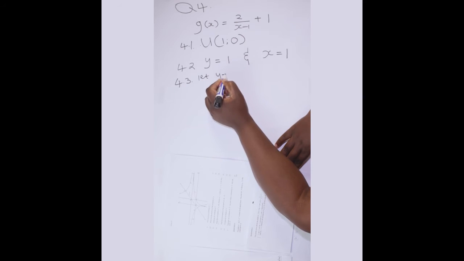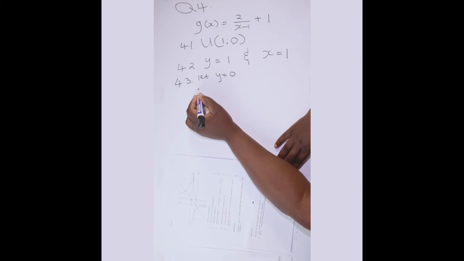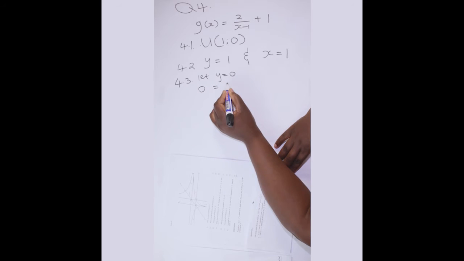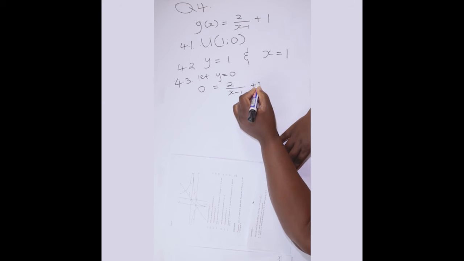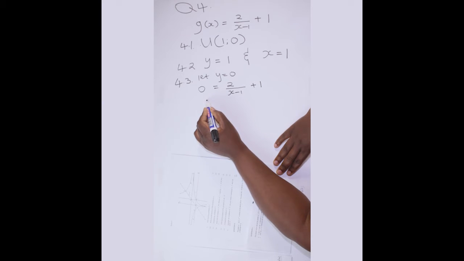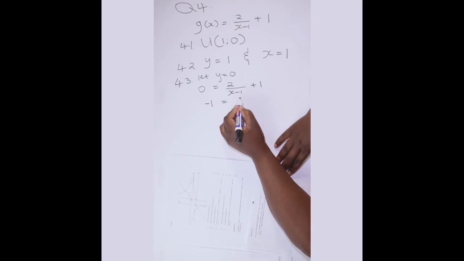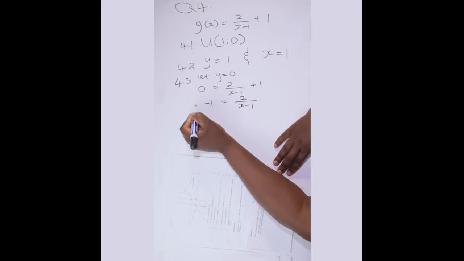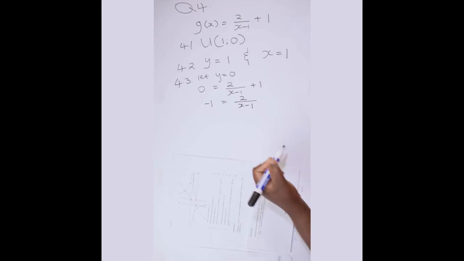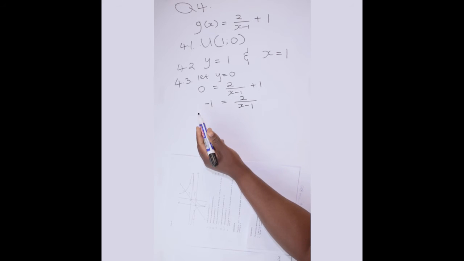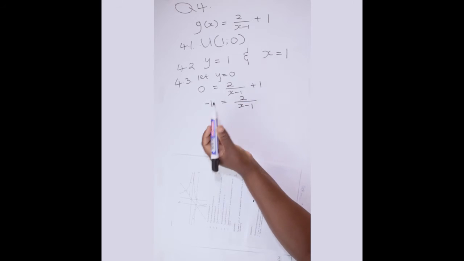So if you let your y, which is your g of x, be 0, you will have 0 equals 2 divided by x minus 1, plus 1, which becomes minus 1 equals 2 divided by x minus 1. Remember, the minus 1 happens when you subtract 1 from both sides of your equation. So 0 minus 1 gives you minus 1, and 1 minus 1 gives you 0. That's why on the right side you have 2 divided by x minus 1.